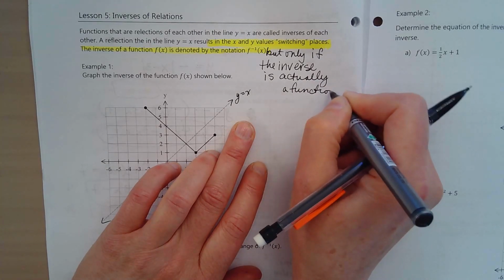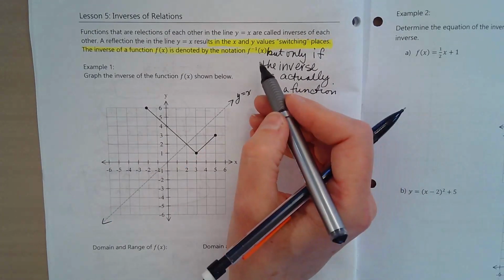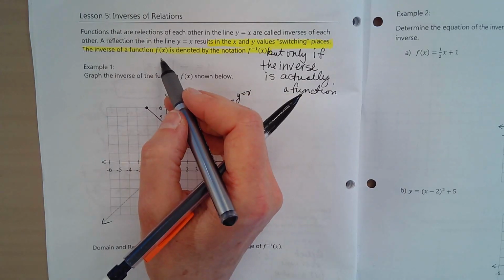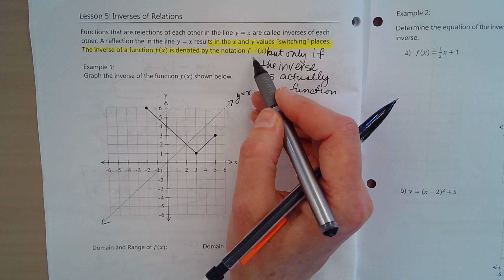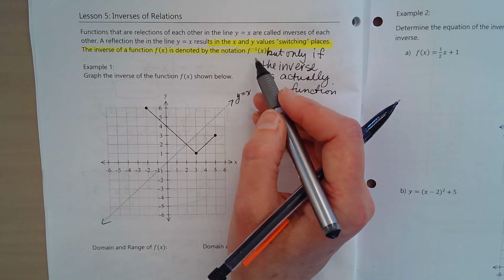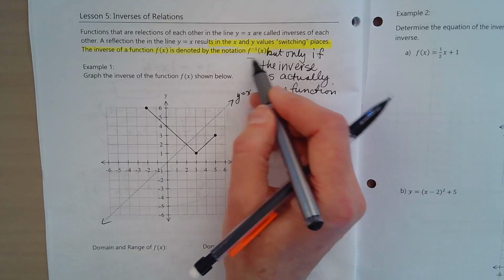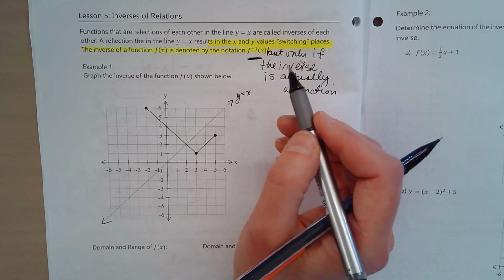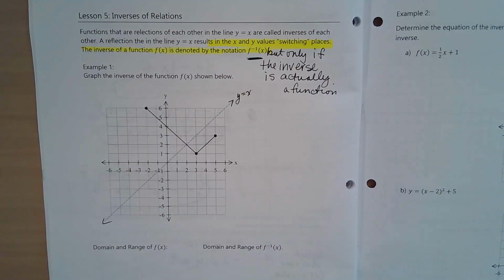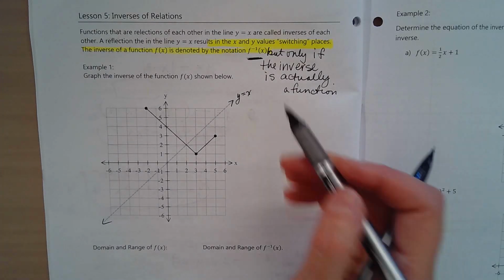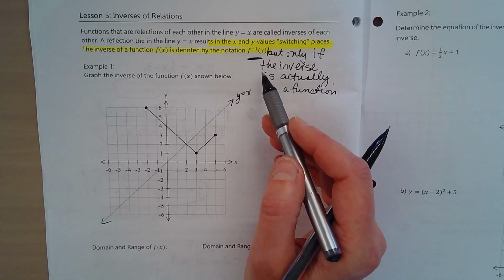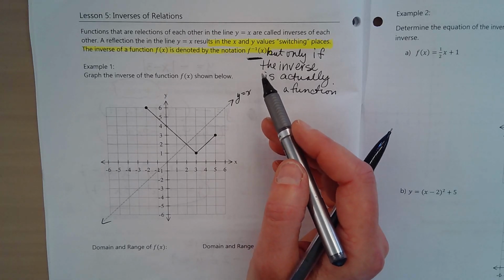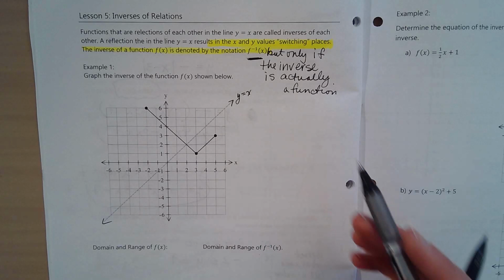So when we invert it, if the original function was called f of x, we can call the inverse f to the exponent negative 1 of x. But we can only use that symbol if the inverted graph passes the vertical line test. So we have to be careful about that. If it doesn't pass the vertical line test, it's not a function. We say it's still called the inverse, but it's not a function. We just say this is the inverse, it's just a relationship.